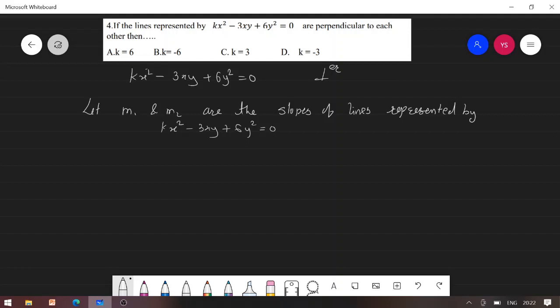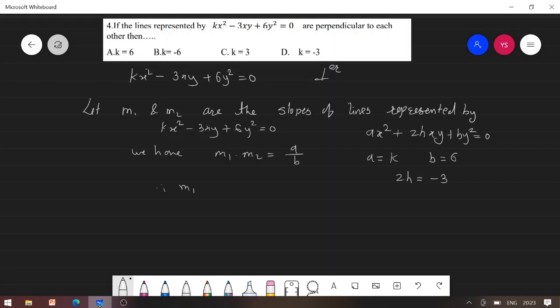Then we have m1 into m2 equals a by b. After comparing this equation with the standard homogeneous equation of degree 2 in xy, ax square plus 2hxy plus by square equals 0, a becomes the coefficient of x square as k, b becomes the coefficient of y square as 6, while twice h becomes the coefficient of xy as minus 3.